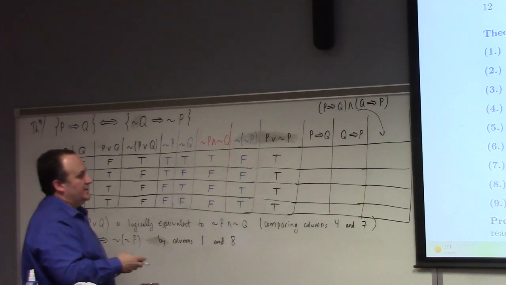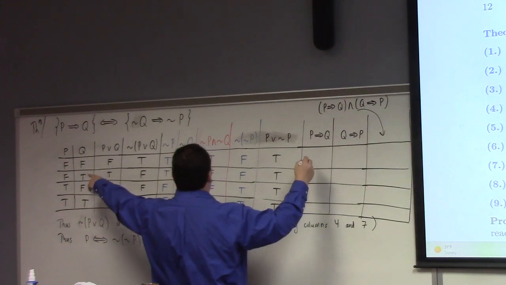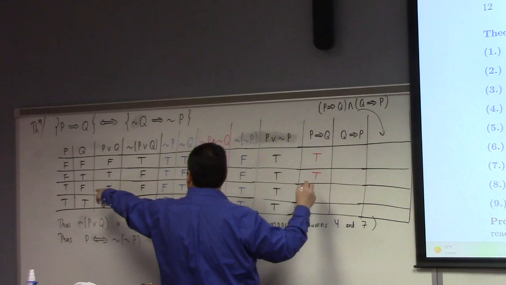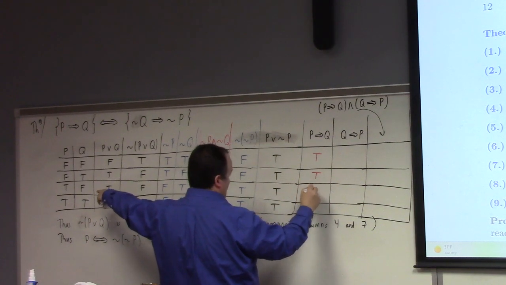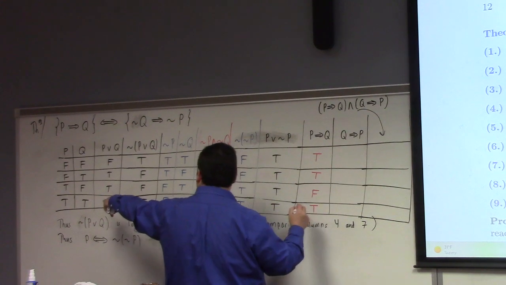So P implies Q is what? It's true except in what case? True implies false.